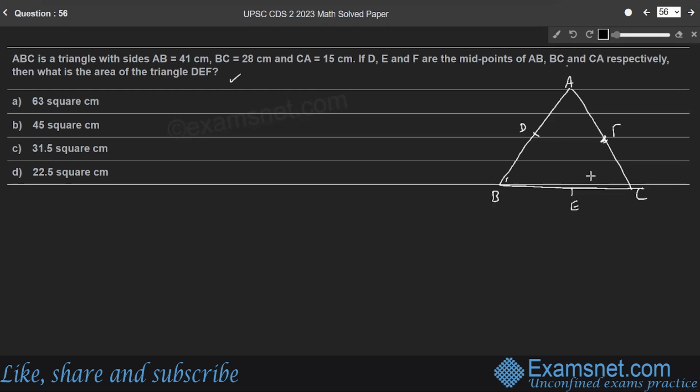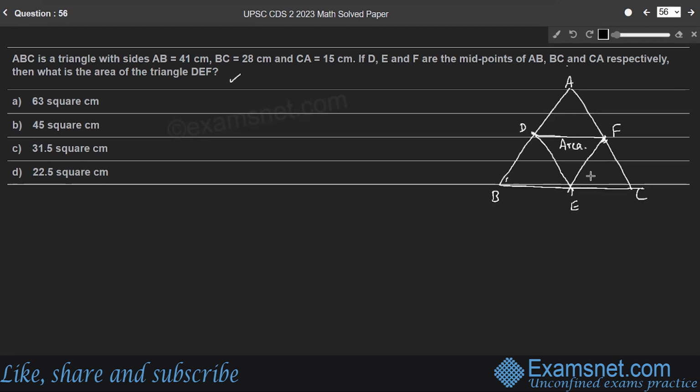Let us join these points D, E and F. We get a triangle DEF. We need the area of this DEF, so for that we need the measures of DE, EF and DF.